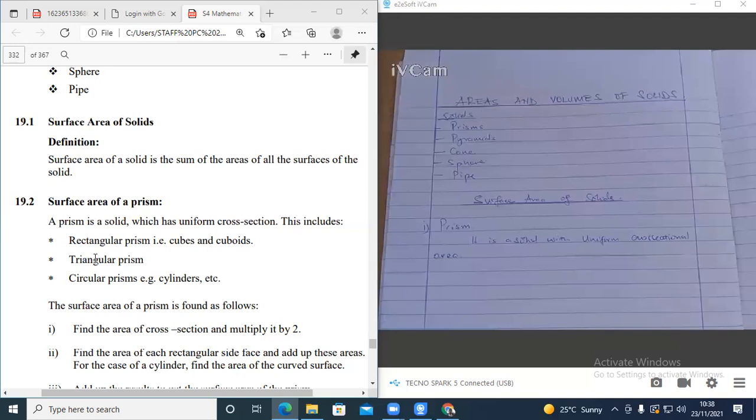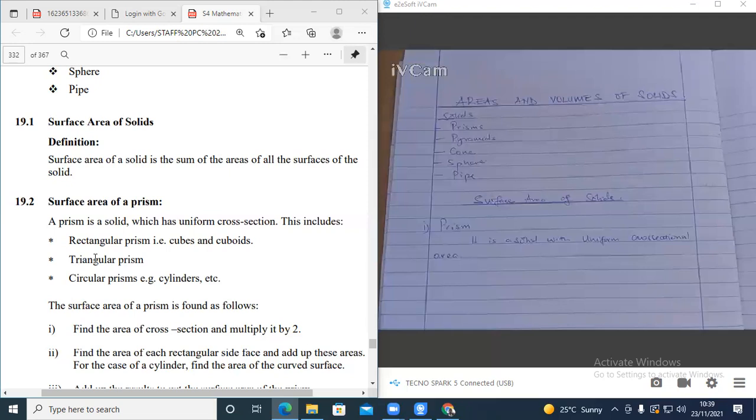You can have a rectangular prism, a prism in the form of a cube, a cuboid; all those are prisms. We have a triangular prism. There is also what we call a circular prism or a cylinder. Those are prisms, so they have a uniform cross-sectional area.